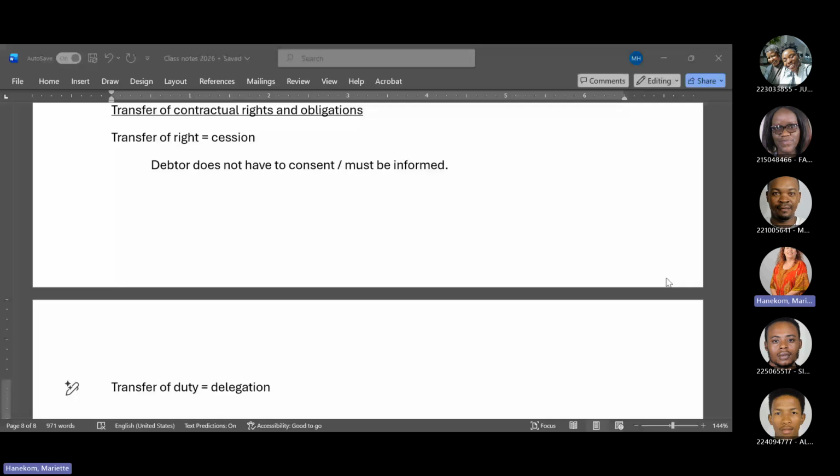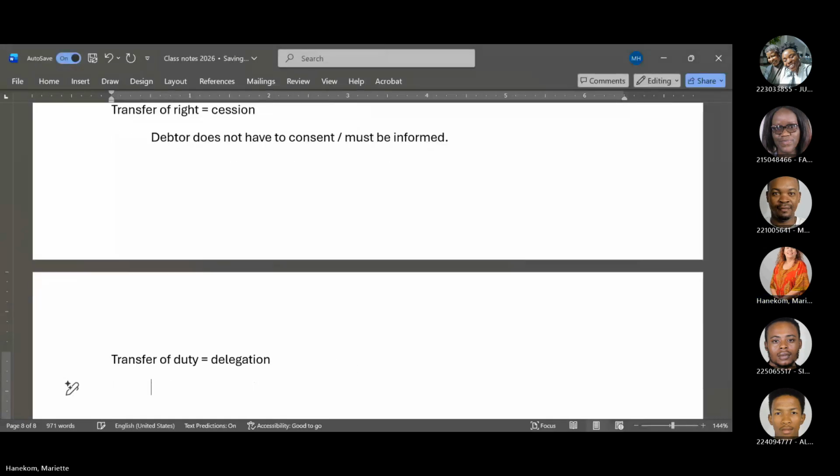If it is a delegation of duty, the creditor has to give consent. So if I sold my car to Mr. Ayala and he has the duty to pay me, and now he informs me that he would like to transfer this duty to pay me to some random person that I don't know, I need to agree that I will accept payment from this person or not.